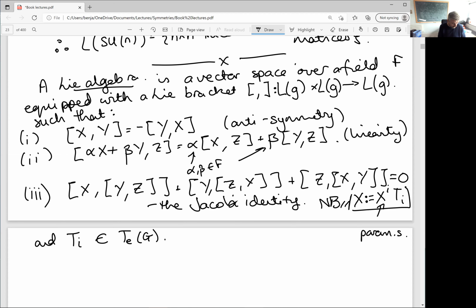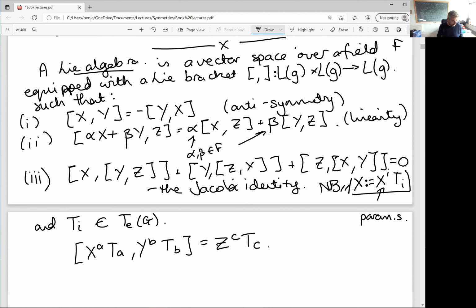So what we need is that this bracket of x^A T_A and y^B T_B has got to be equal to some other point in the Lie algebra. So let's call that z^C T_C.